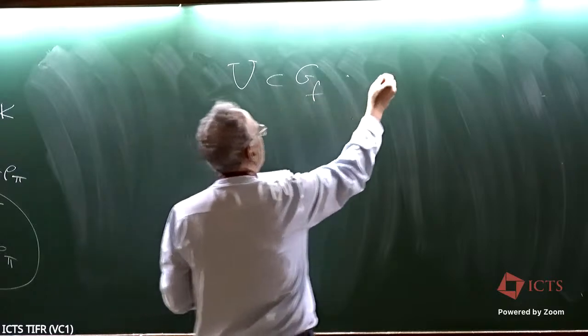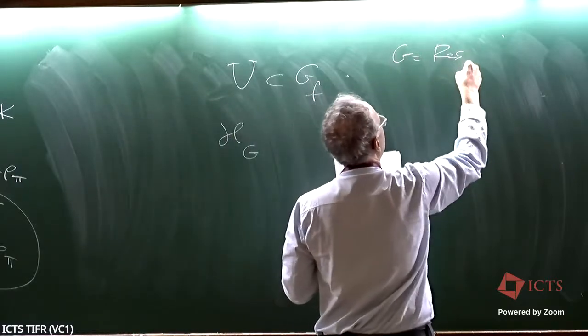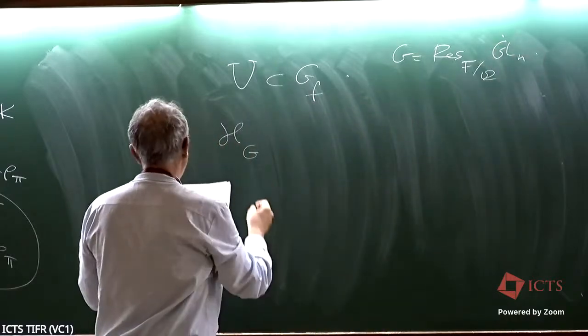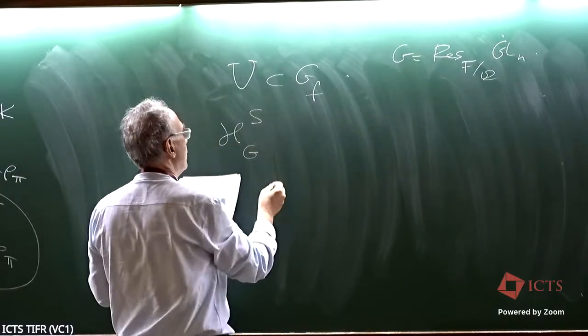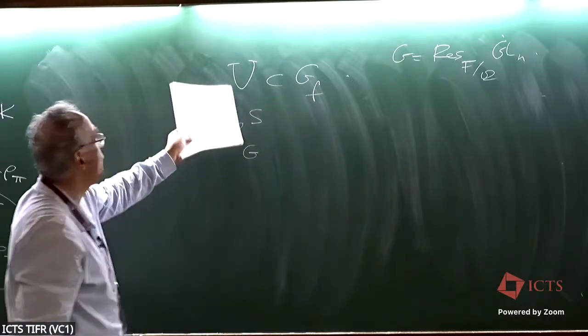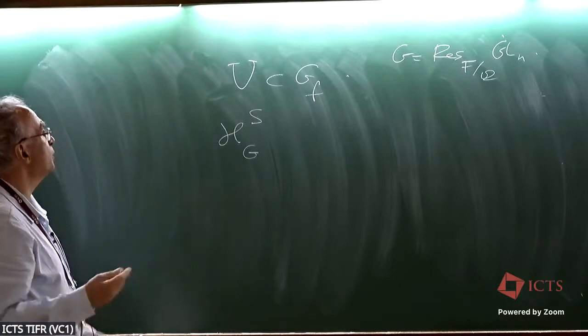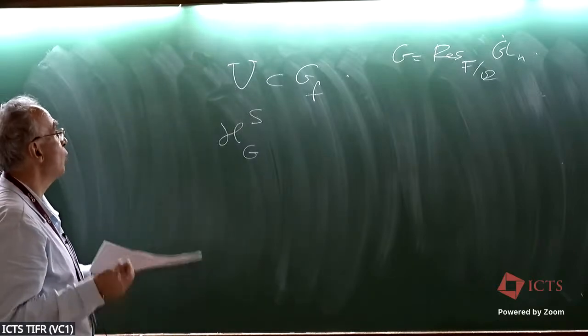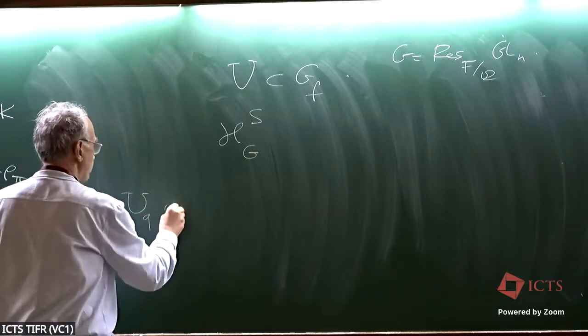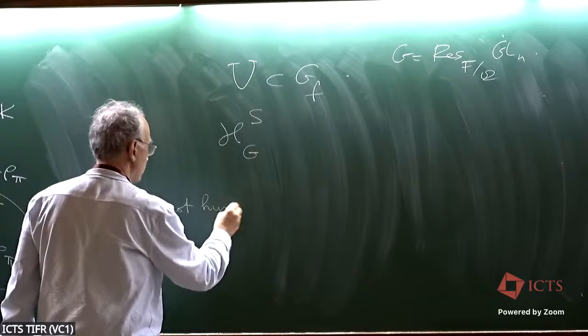So G is the same as before, restriction of scalars from F to Q of GLN. So we have the abstract Hecke algebra outside S. S is a ramification set for U, which means it's a set of primes where U_q is not hyperspecial maximal.